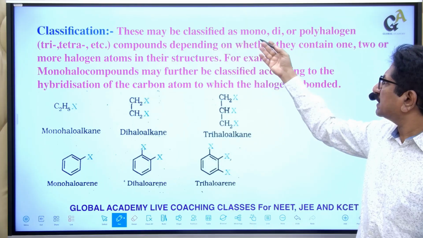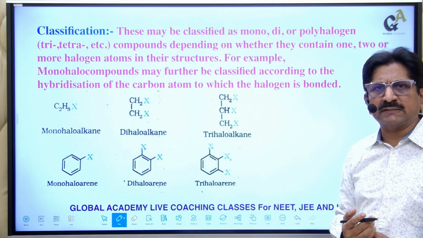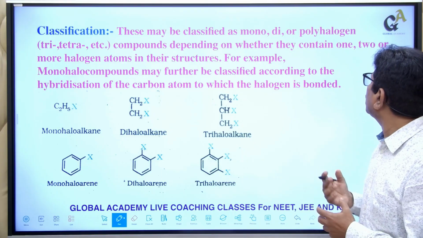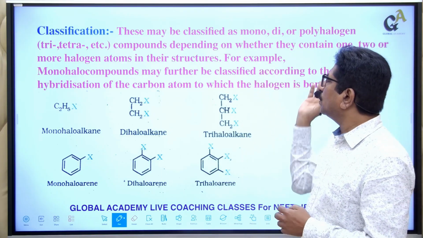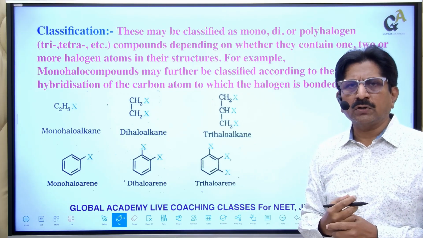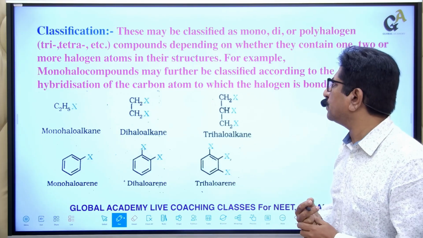These may be classified as mono, di, tri, tetra, etc. In general, they are called polyhalogens, depending on whether one, two, three or more halogen atoms are linked to the compound.